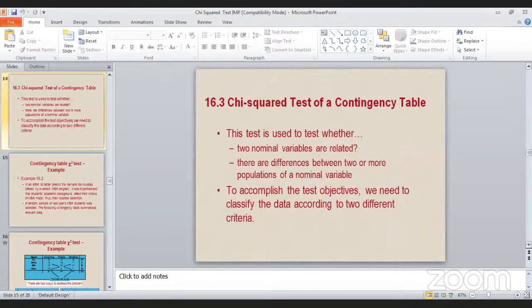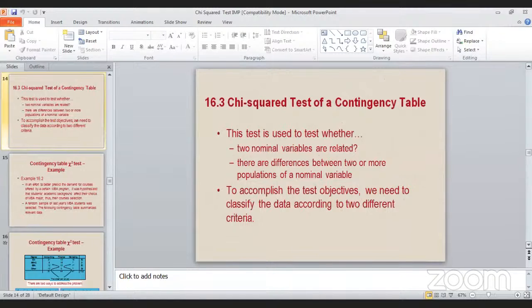This test of association is also called the test for contingency tables. Normally we make use of contingency tables for this chi-square test of association or independence. Hence, it is also called the chi-square test for a contingency table.